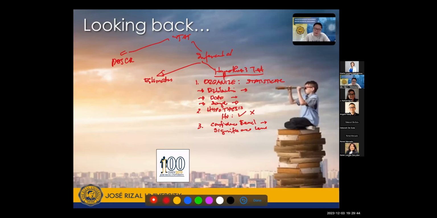So this comes also with the alpha level. Okay, so again, you can choose any level of confidence that you want in your paper.